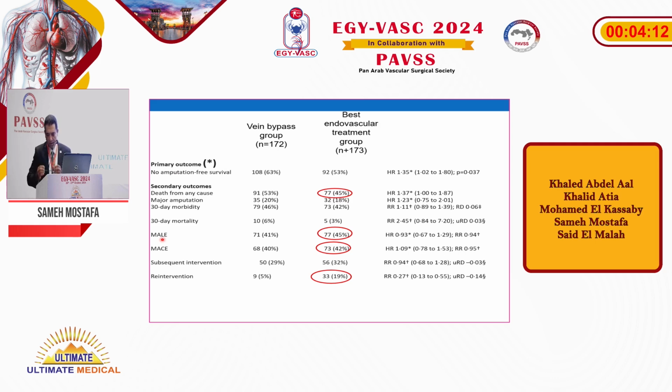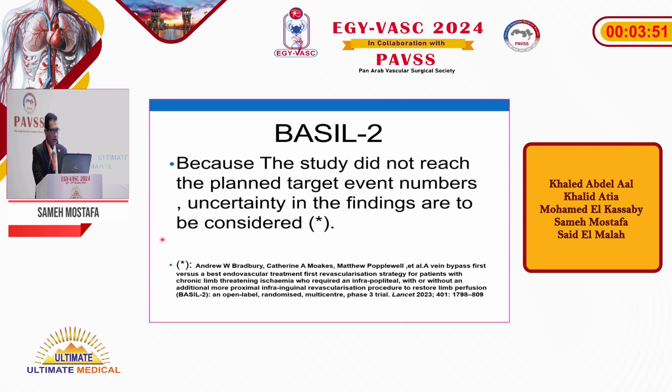However, these numbers were found to be insignificant. And when we look at the amputation-free survival, they are a little bit similar, and the study stated that there is no difference between them. However, surprisingly enough, this is their p-value. The study stated also that because the study didn't reach the planned target event numbers, uncertainty of the findings is to be considered. So more and more trials are needed to solve this issue.